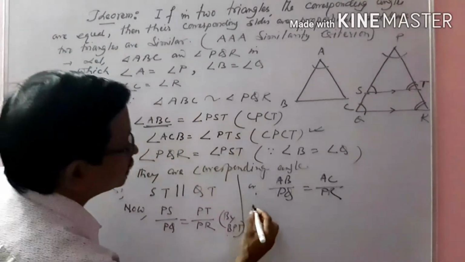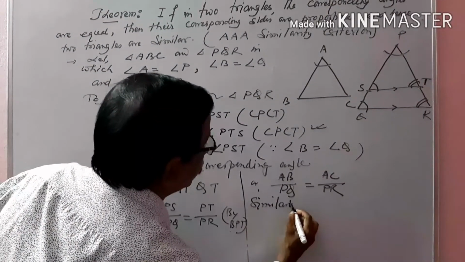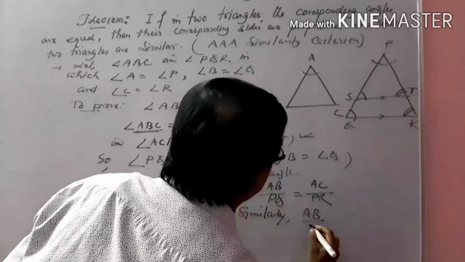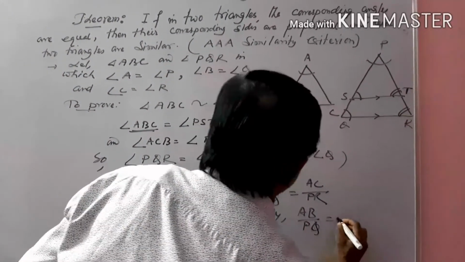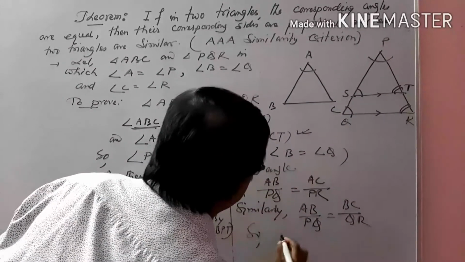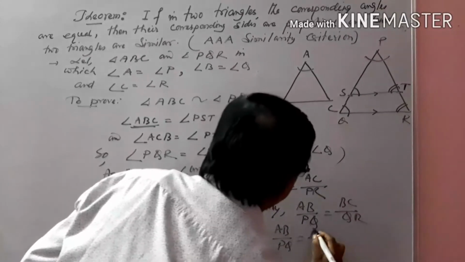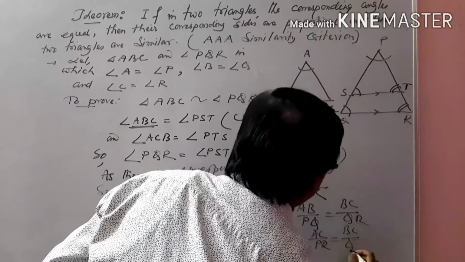Okay. Then similarly we can prove AB by PQ equal to BC by QR. So AB by PQ, AC by PR and BC by QR.